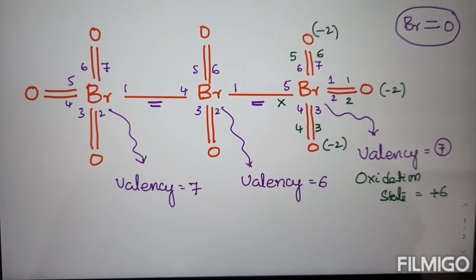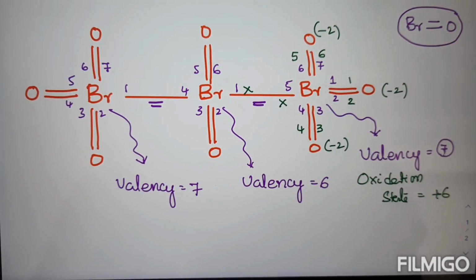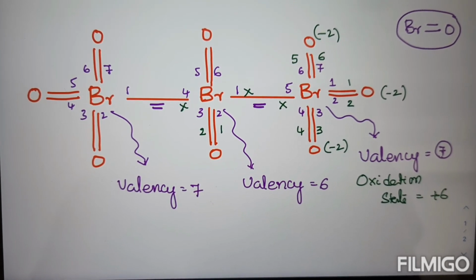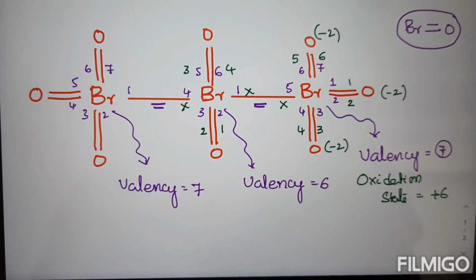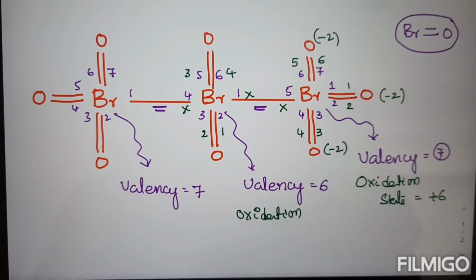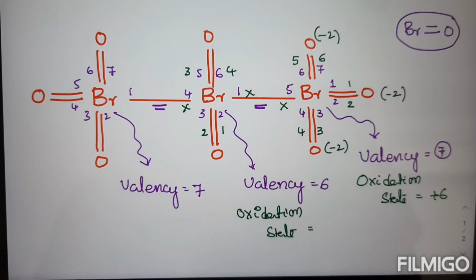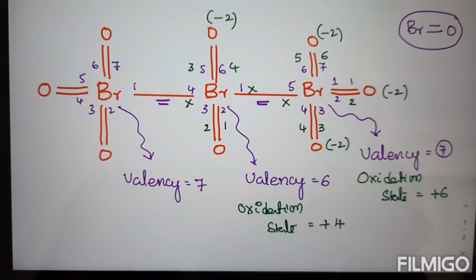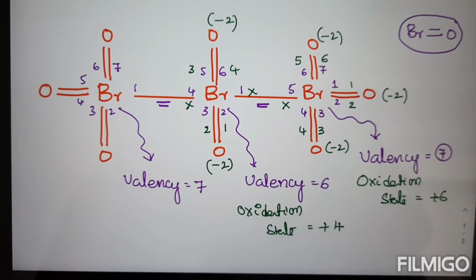And come to this bromine. Here this bond is not counted, and it can be counted as 1, 2, it is not counted, 3 and 4. So for this bromine the oxidation state is +4. Here also oxygen exhibits -2. And come forward to this bromine.